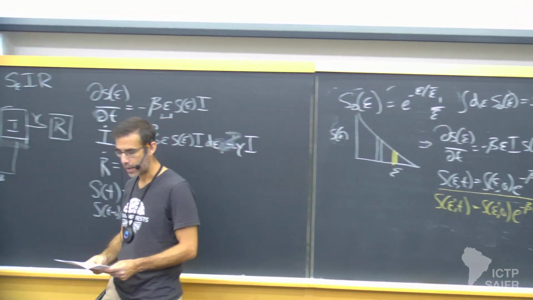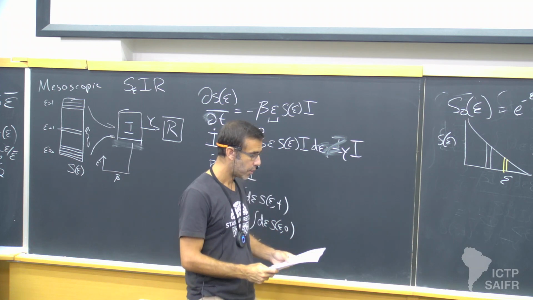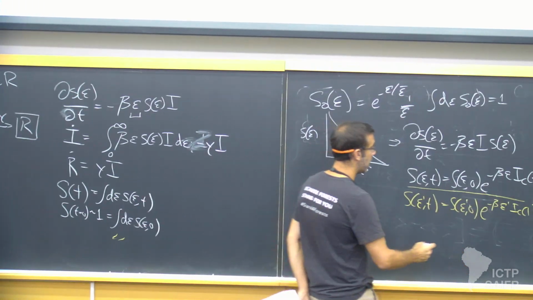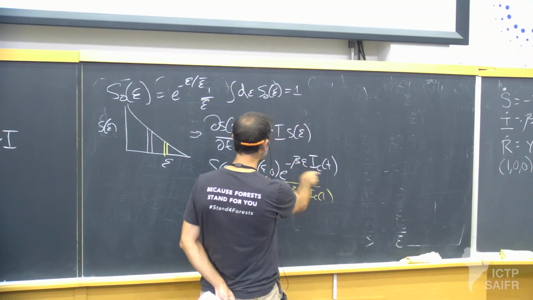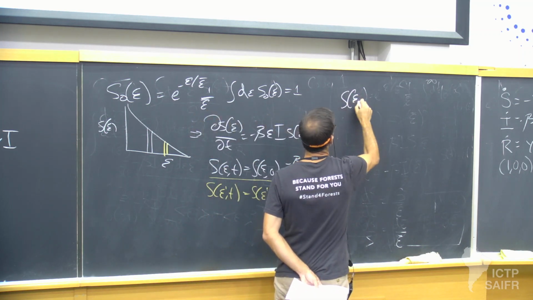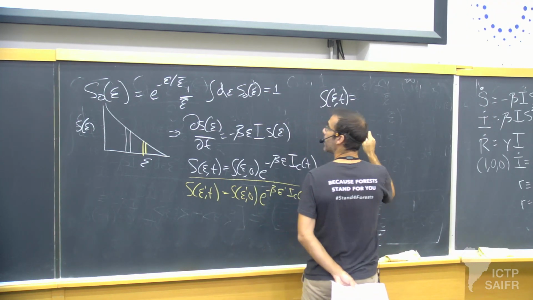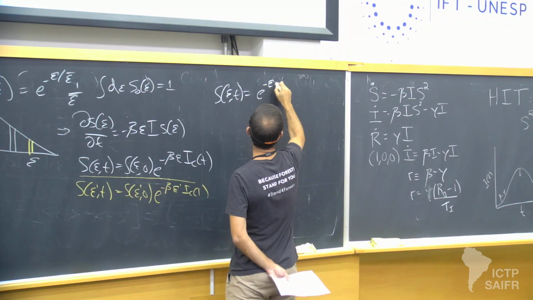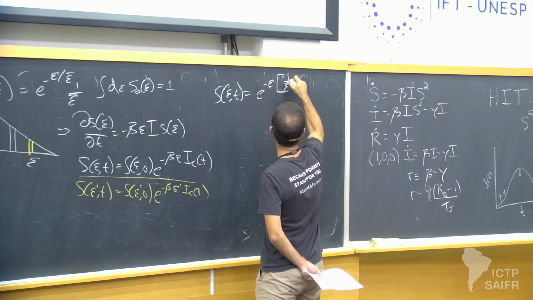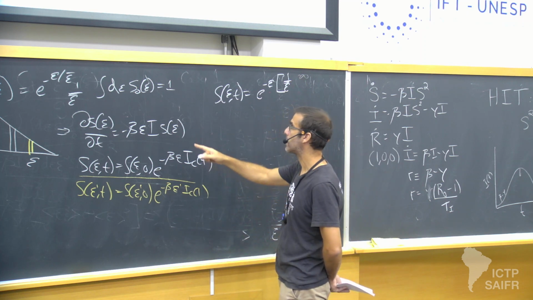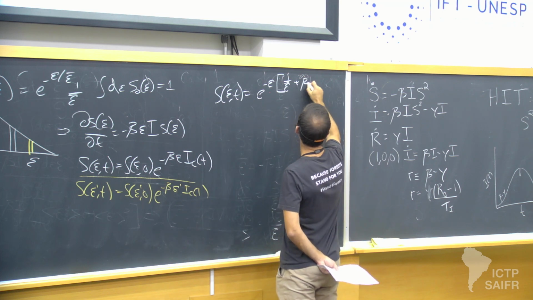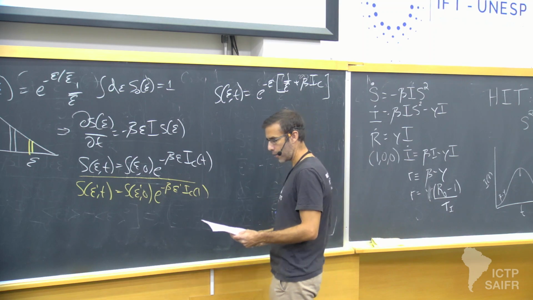So now I can take the ratio of these two things, and I just want to point out here that I could also write this piece, because if it's initially exponential, I think you agree that S of epsilon comma t will be e to the minus epsilon 1 over epsilon bar, right, plus beta IC. Hopefully I did that right.